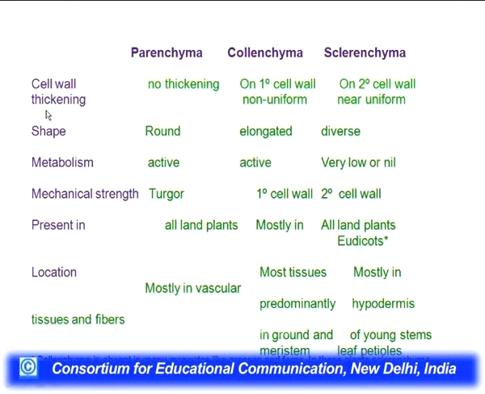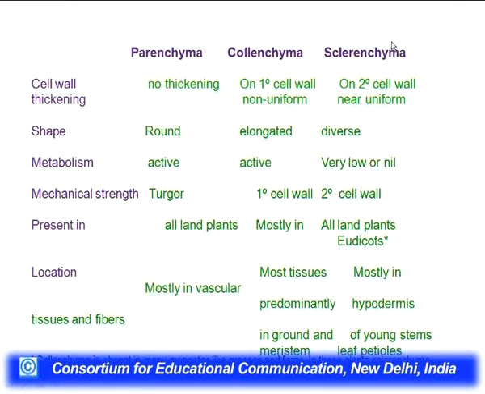In fact, the names are given based on the cell wall. So, no thickening, Parenchyma; thickening in the primary cell wall, Collenchyma. This is a very interesting difference between Collenchyma and Sclerenchyma.